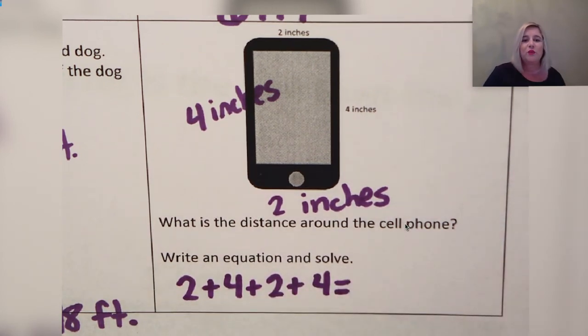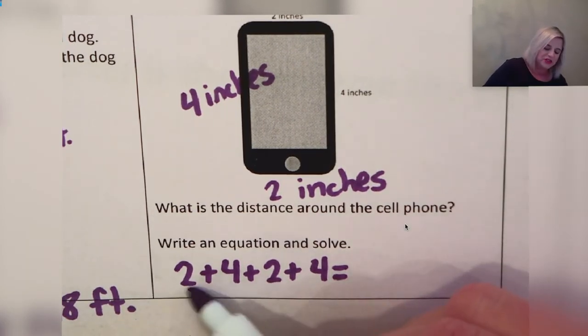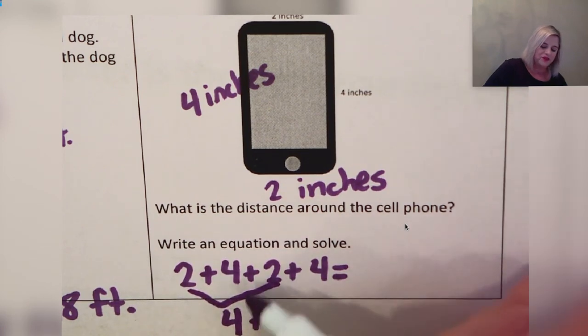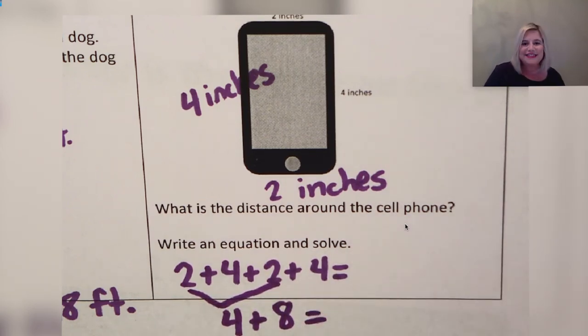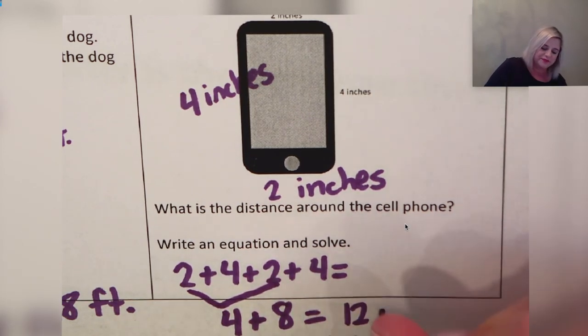Do you see a way that we can add that would be easy? Excellent. We have doubles. 2 plus 2 is 4, and 4 plus 4 is 8. So we see the distance around the cell phone is 12 inches long.